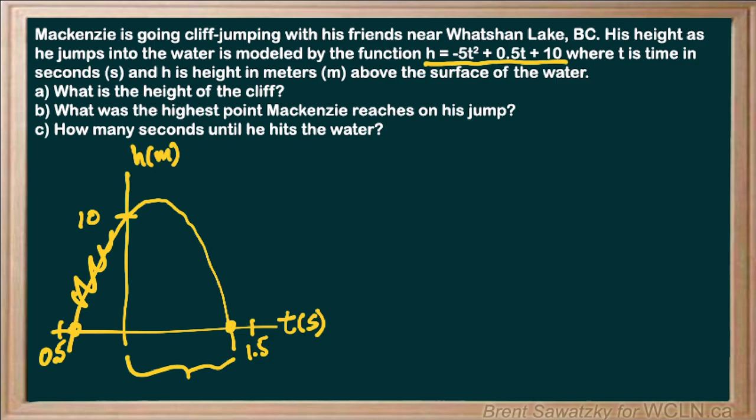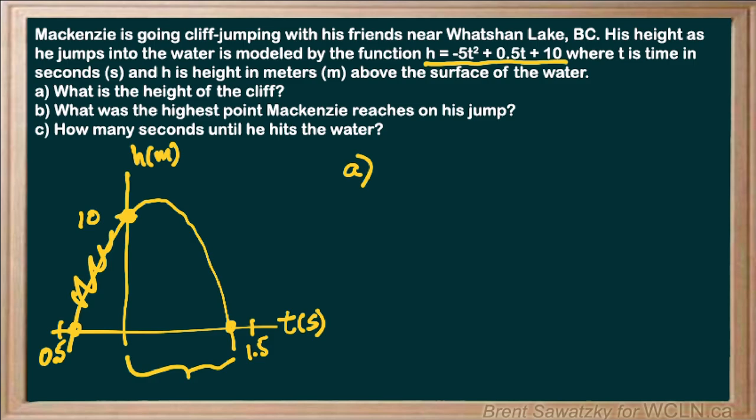So let's see what we can solve here. Part A: what is the height of the cliff? Now, we can look at the graph and say when time equals 0, he's standing on the edge of the cliff. So this represents that initial point when he's just about to jump. In this case, it looks like he jumps up a little bit, so he rises up from that point.